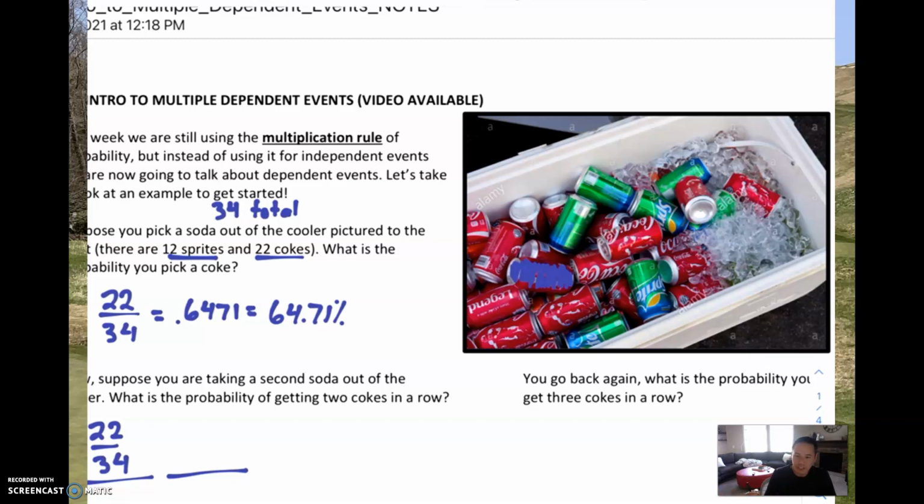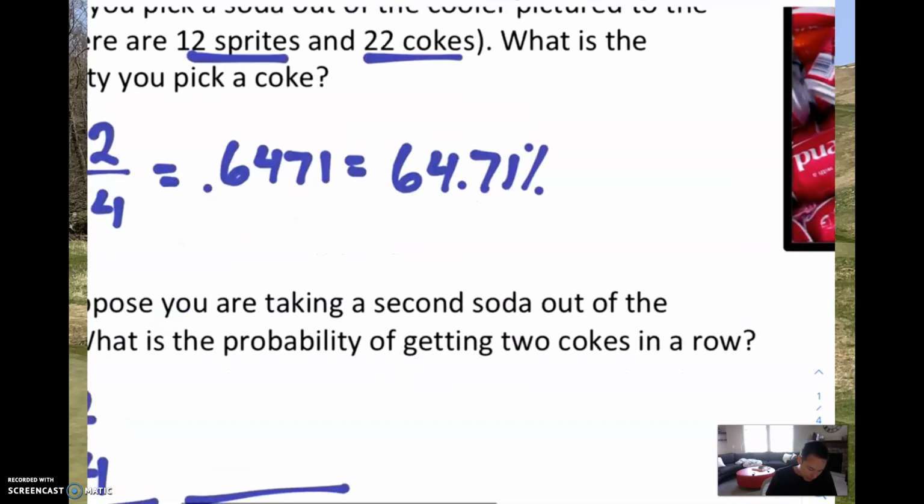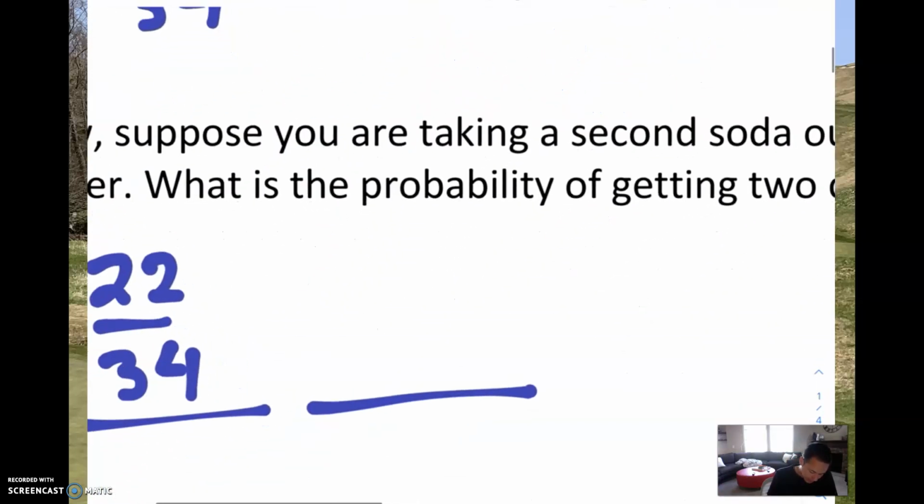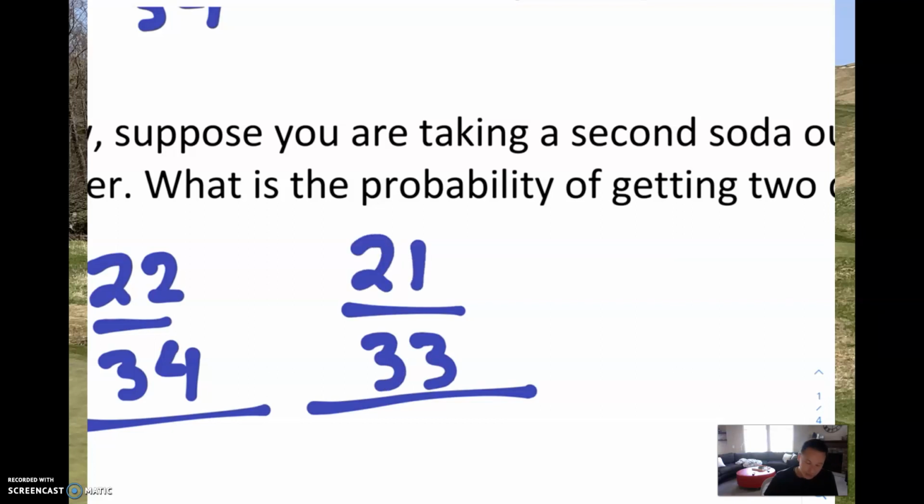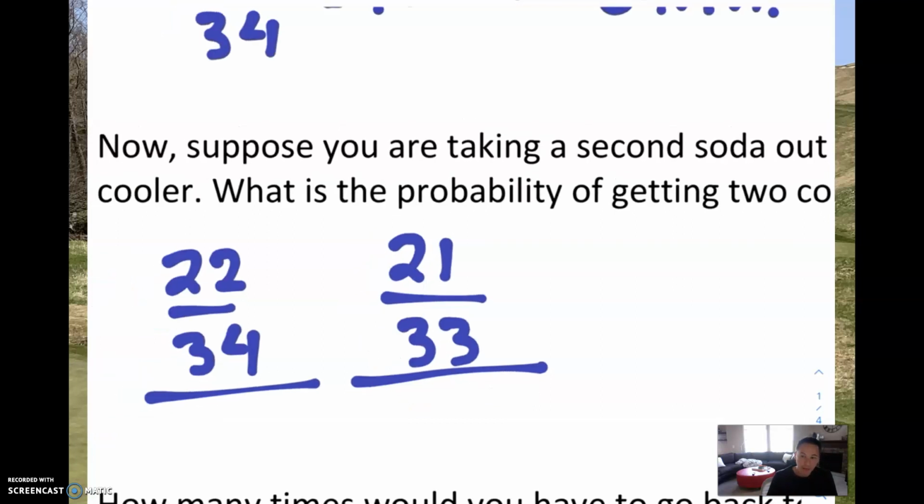Now we're going to reach in again. So now when I reach in to select that Coke, there's only 33 left. There's 33 total sodas to choose from, and there's only 21 that are Cokes because we took one on that first draw. So what we have to do now to find the probability of both of them, we just multiply.